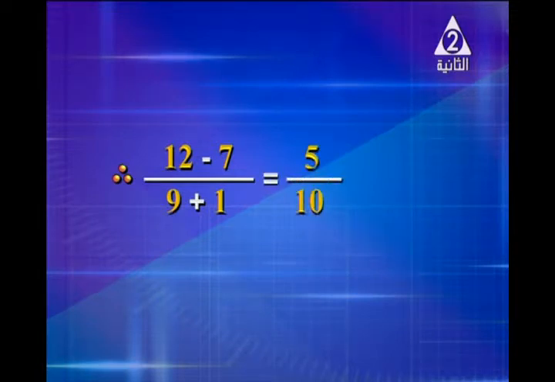Therefore, (12 − 7)/(9 + 1) = 5/10 = 1/2, the same ratio. You note that the same ratio equals half.